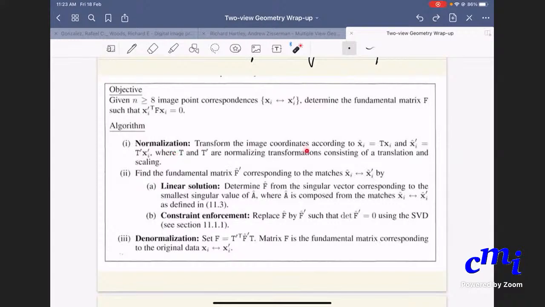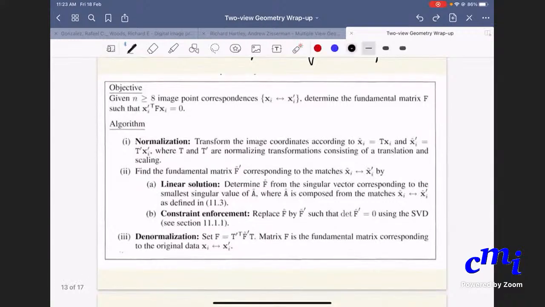This I have described earlier. You transform the image coordinates, and if you remember, we had this picture earlier. So you have xi, you transform this to T xi, and then you have xi prime, you transform this to T prime xi prime.